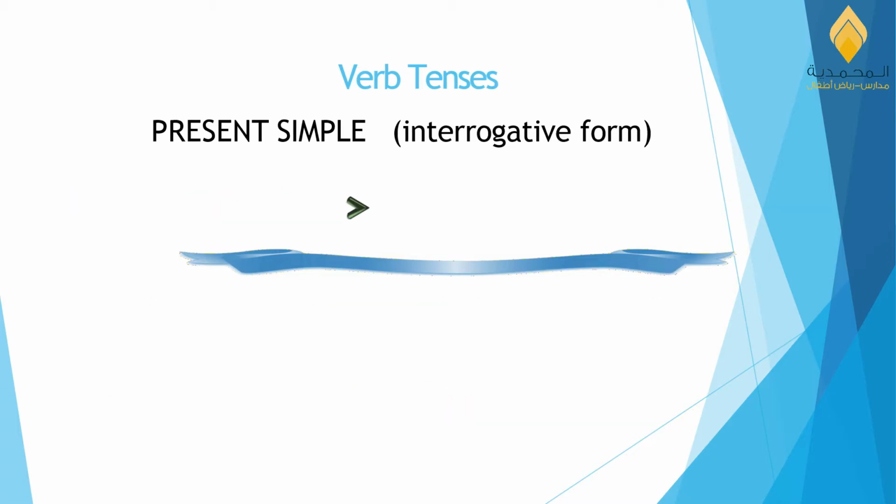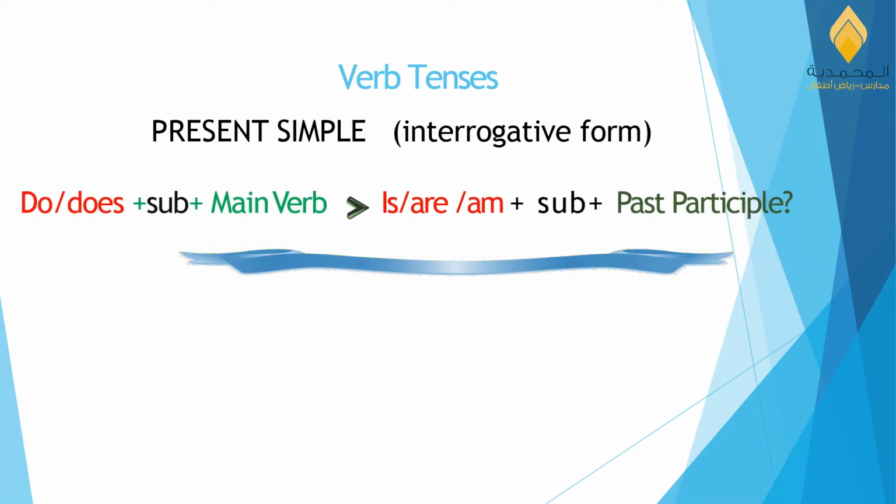Now, let's have a look at how we form present simple interrogative forms in the passive. First, how do we form a question in the present simple? Yes, we start with do or does, depending on the subject.